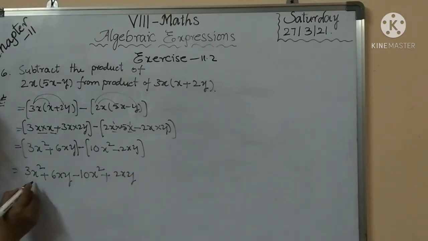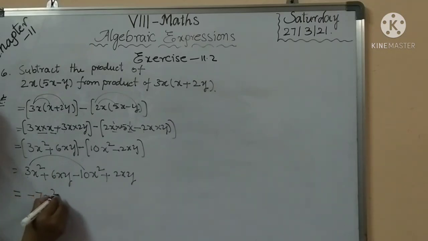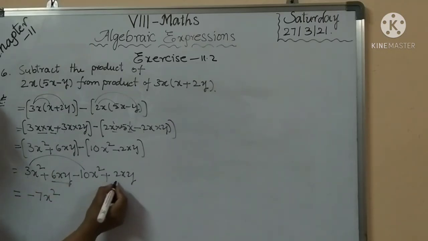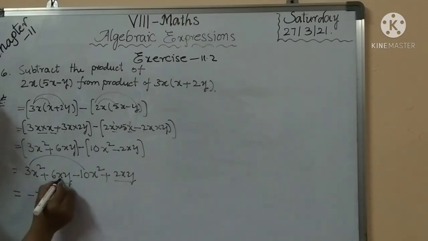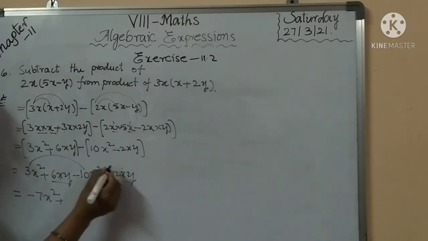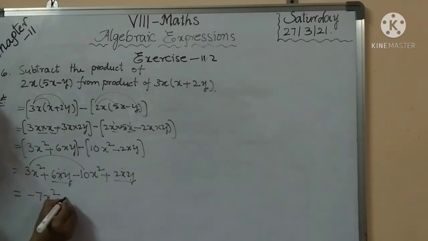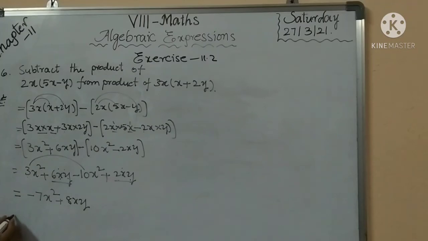So here 3x square minus 10x square, minus 7x square, plus 6xy plus 2xy. So here variables are same and powers also same, then we should add 6 plus 2, 8xy. Understand, children? Minus 7x square plus 8xy. So first term write the positive value. So 8xy minus 7x square.